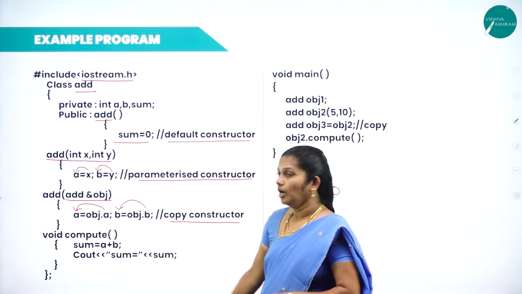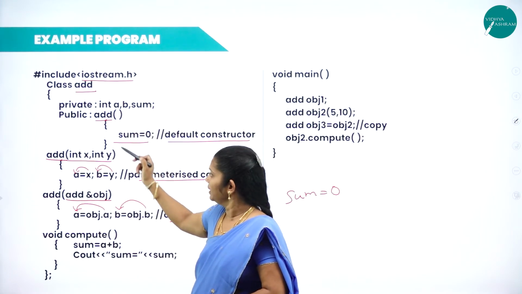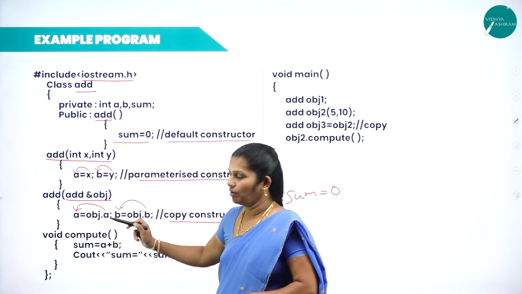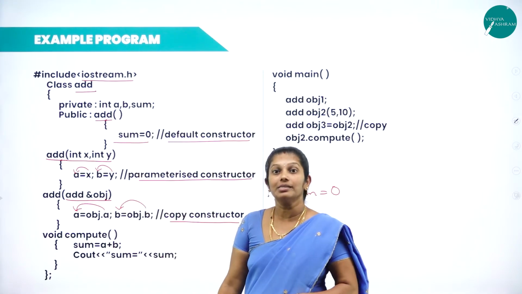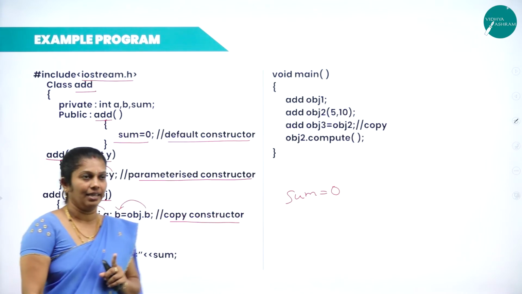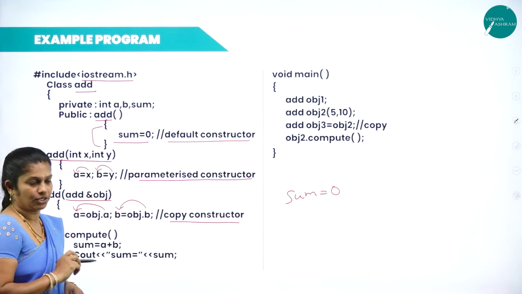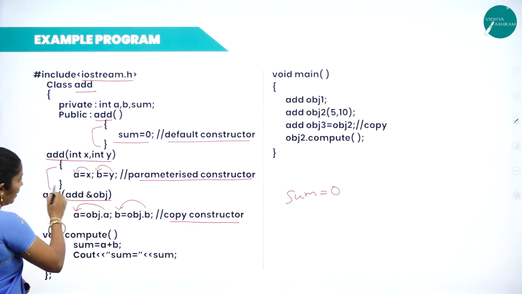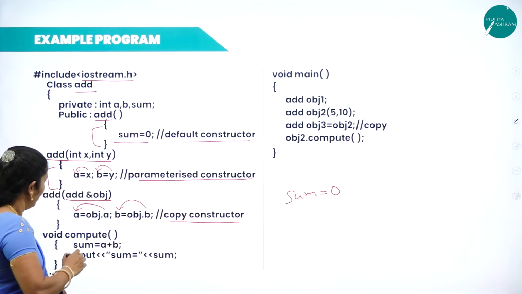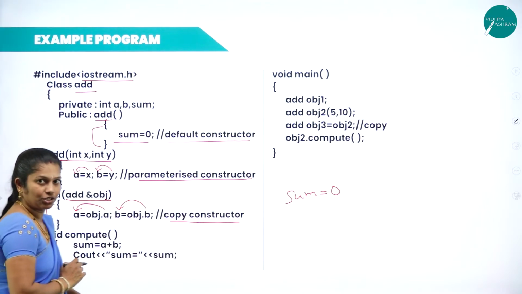If you observe here, totally how many functions are there? Default function, parameterized function, copy function, and then one more is a regular function, that is a member function. Totally 4 functions are there. The first function is opened as well as closed here, that is the default function. And here the parameterized constructor, here the copy constructor, and this one is the member function.